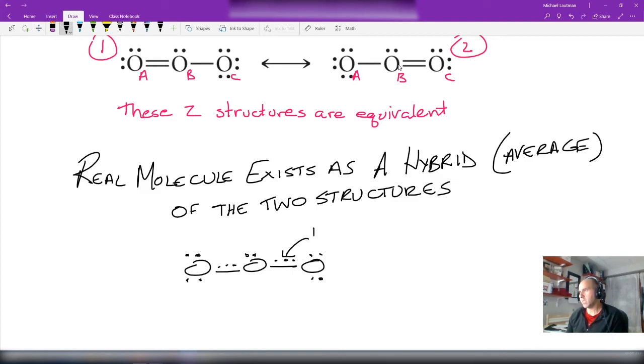And each of these is a 1.5 bond. That's just the way it is. So when I have multiple Lewis structures for the same molecule, or for the same polyatomic ion that are equivalent or very nearly equivalent to each other, the real molecule actually exists as what's called a resonance hybrid.